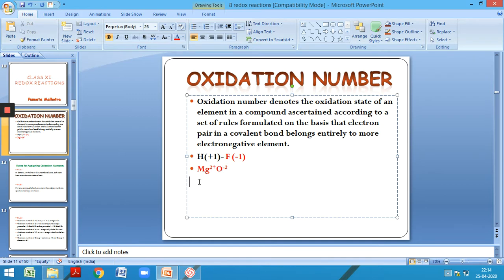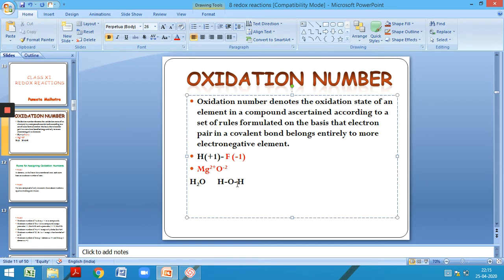Let us take another example of a covalent compound like water. In case of water, we have two oxygen-hydrogen bonds, so we can rewrite this compound as HOH. In each of these cases, the electron pair belongs to the electronegative element, oxygen.